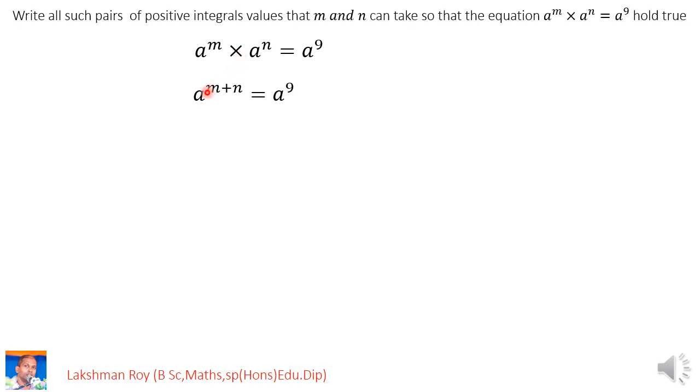Now see student, in this index equation say a to the power m plus n should equal to a to the power 9. That means you can see both side base say same, so that is nothing to do. Here index m plus n, here 9, so that means m plus n should equal to 9, right?